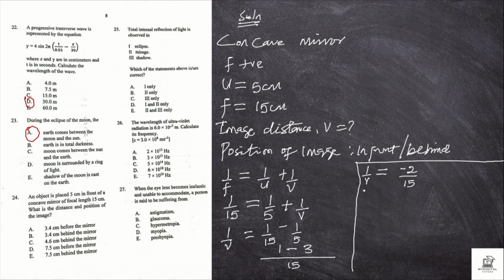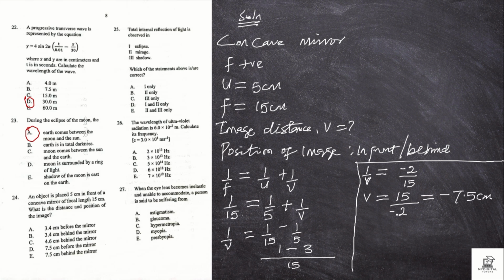You just reciprocate, V will be equal to, or you just cross multiply. Any one you do, you have the same answer. But we don't have time to do all those things. Whenever you have 1 over something, just reciprocate. The denominator will go to numerator, and numerator will go to denominator. So I have minus 15 over 2, that will give us minus 7.5 centimeter.